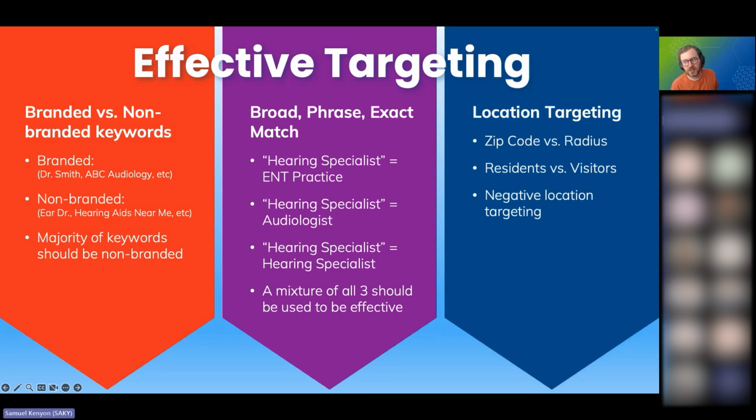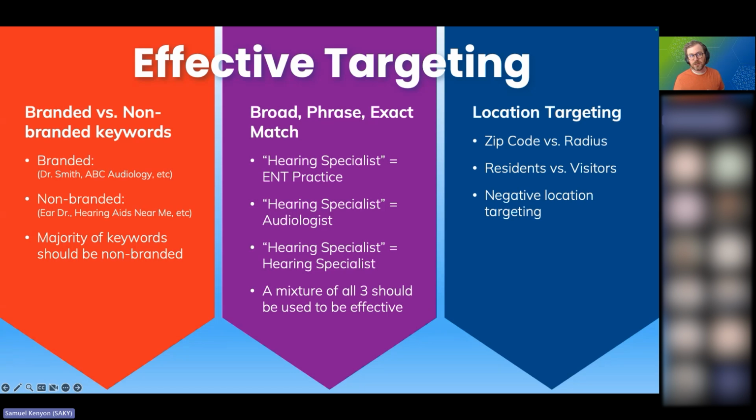Lastly, effective targeting. We have a couple other things that we need to consider. Do we target zip code or radius? Well, zip code allows us to hone in on certain areas that maybe you want to target, a more affluent area that are more likely to purchase. We want to get that zip code in there.